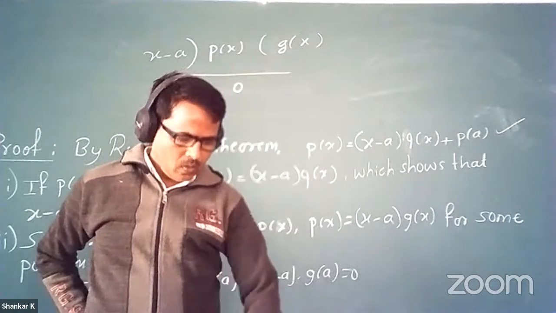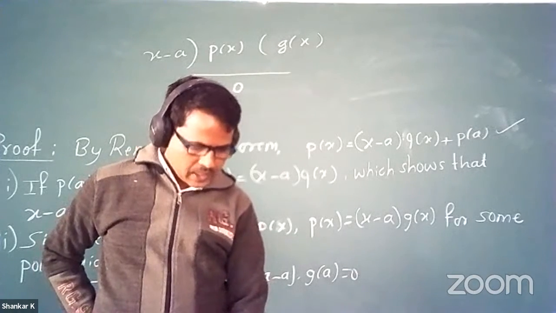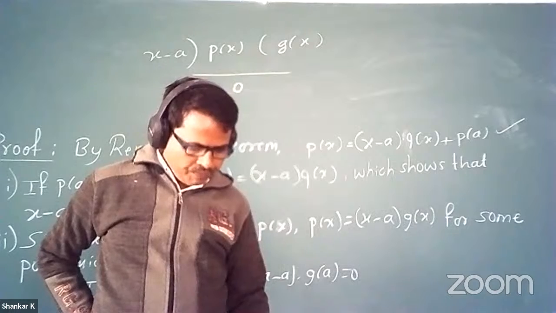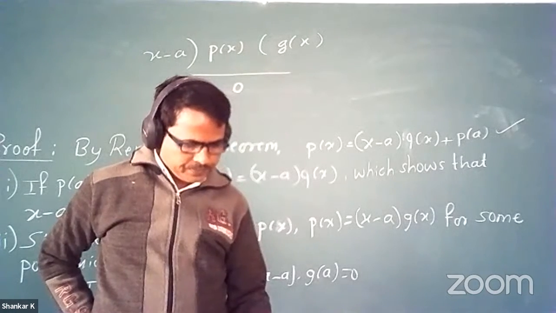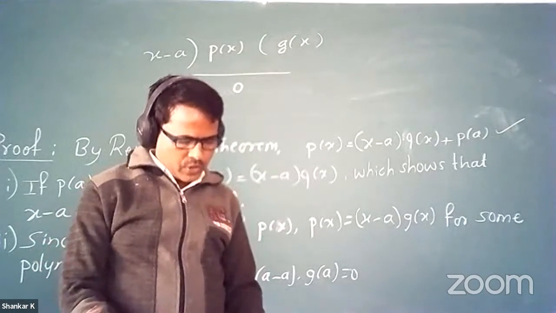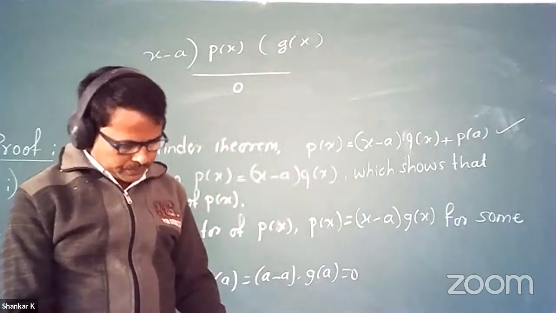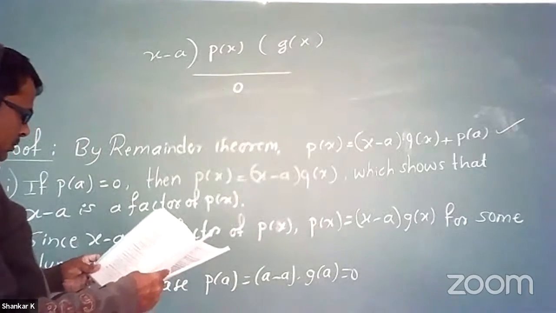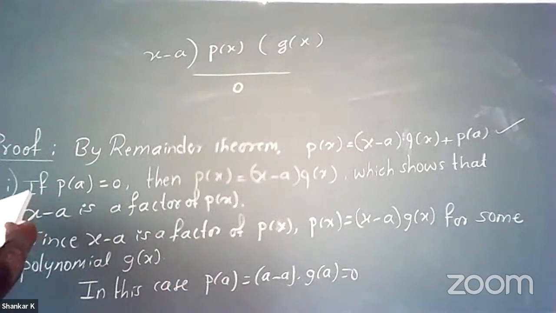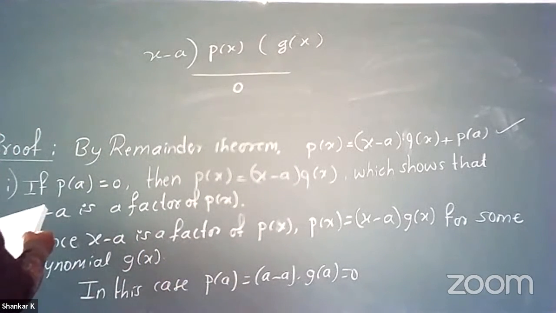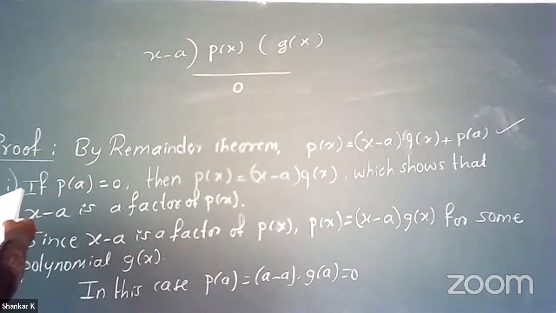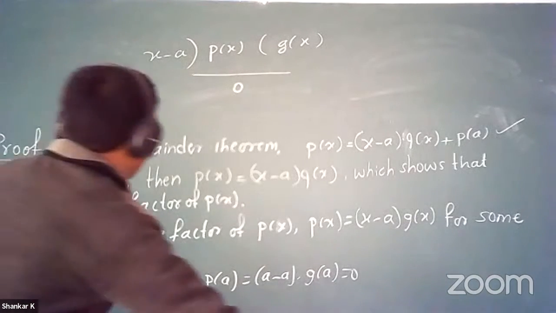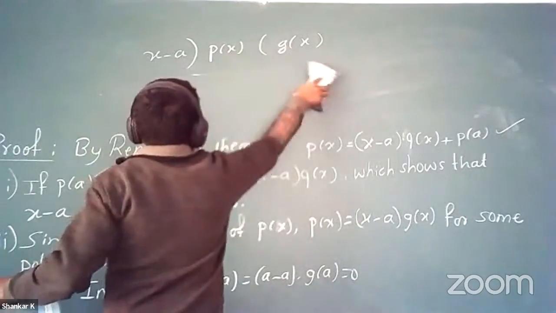Okay. Now we shall go to exercise 4.4. All of you go to the exercise. Based on the factor theorem, we shall solve some examples. So now go to the exercise.